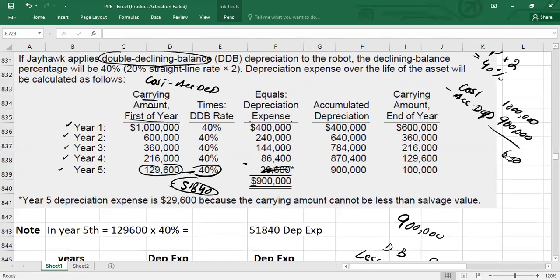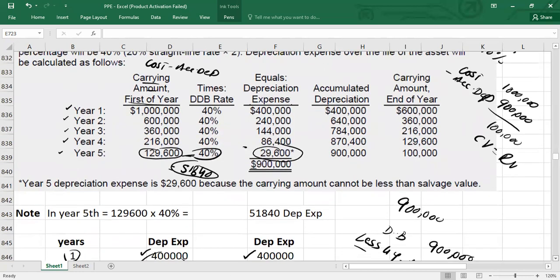So your carrying value will be equal to the residual value. This is what they're telling you. Your carrying value should not be below the residual value. This is the point. Here what we did, we just calculated the balance in the last year as a depreciation. The balance is 29,600. I hope it is clear, guys.